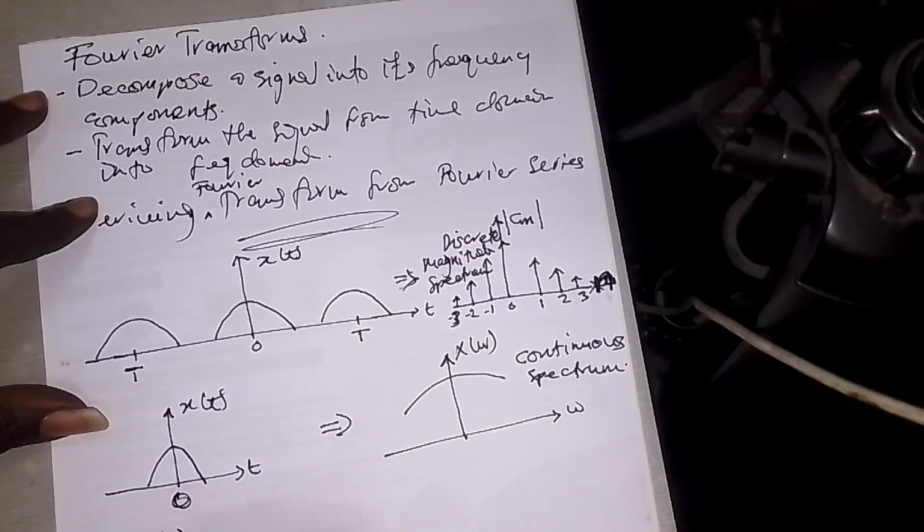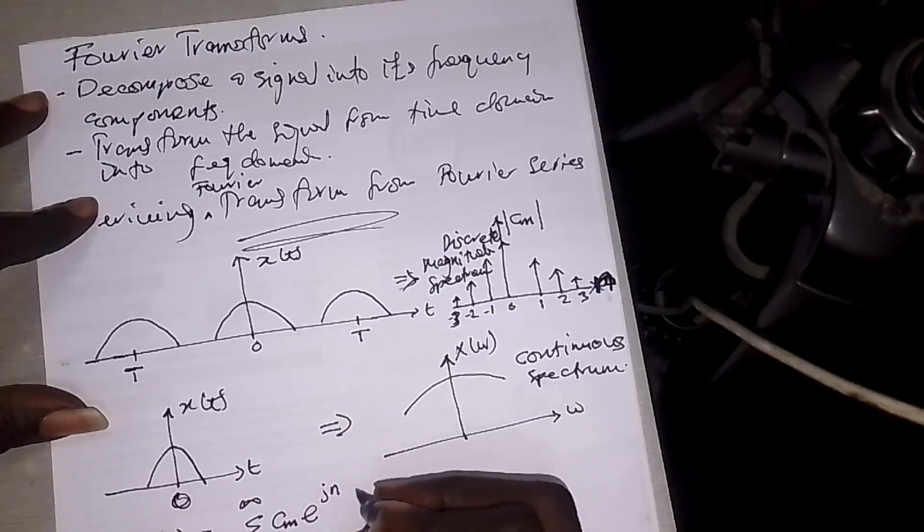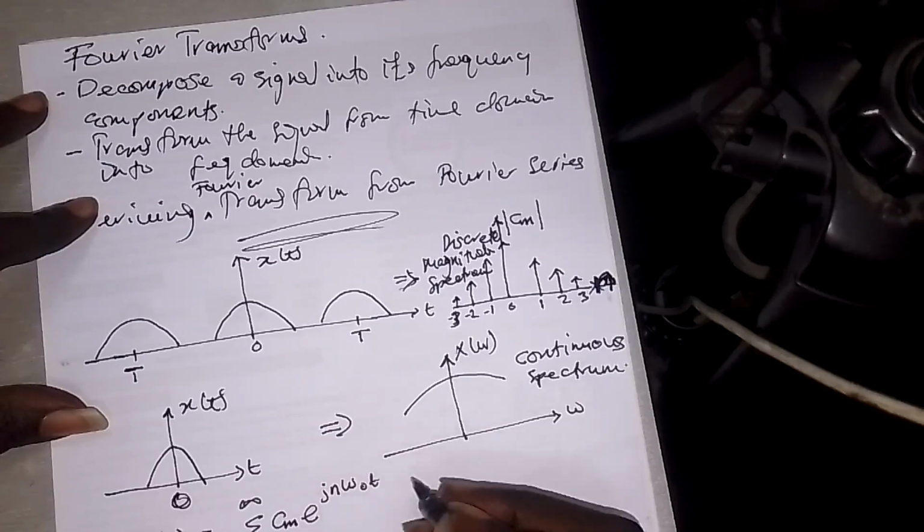This x of t, in the normal Fourier series, we were having the summation from minus infinity to infinity of c_n times e to the j n omega naught t. This is what we were having.